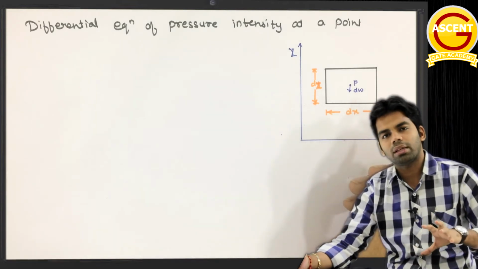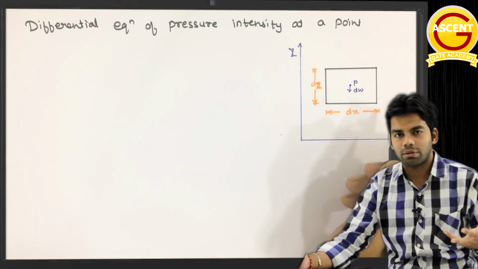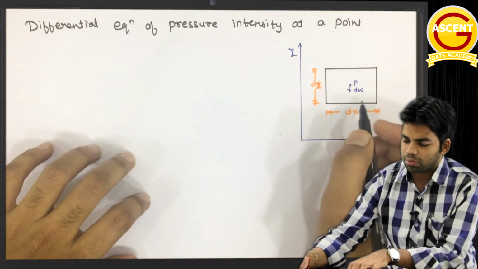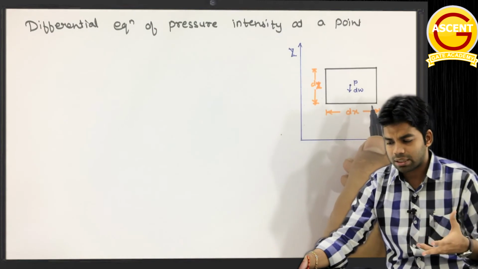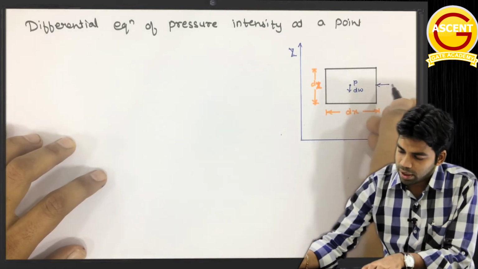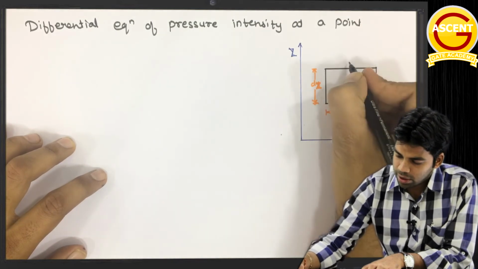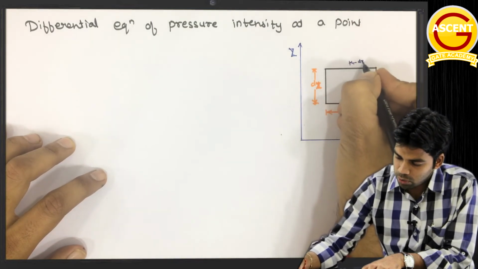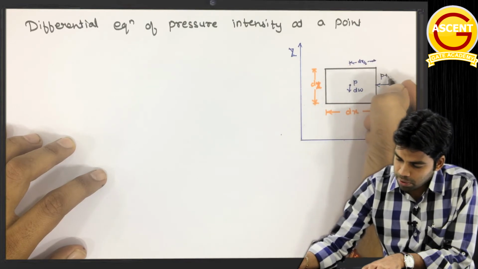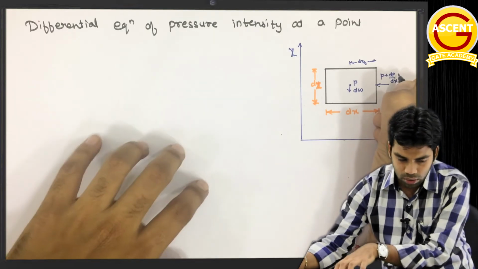So what we have to determine is how much the pressure will change with respect to the x axis and with respect to the z axis. Okay, so suppose the rate by which it is changing is dp by dx. So at this point, this distance is dx by 2, so the pressure at this particular point will be p plus dp by dx into dx by 2.